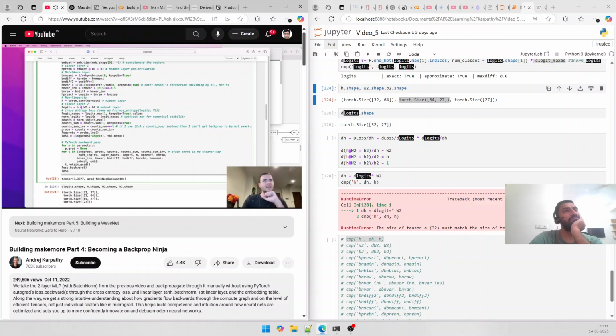Now, the question is, how do we backpropagate from logits to the hidden states, the weight matrix W2, and the bias B2? And you might think that we need to go to some matrix calculus, and then we have to look up the derivative for matrix multiplication. But actually, you don't have to do any of that, and you can go back to first principles and derive this yourself on a piece of paper.